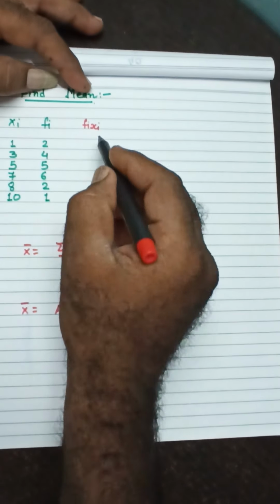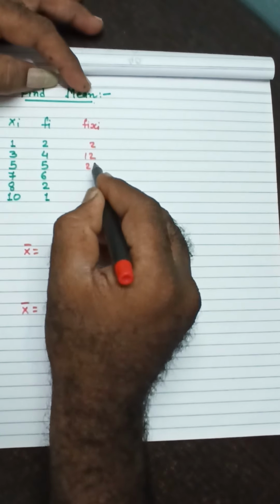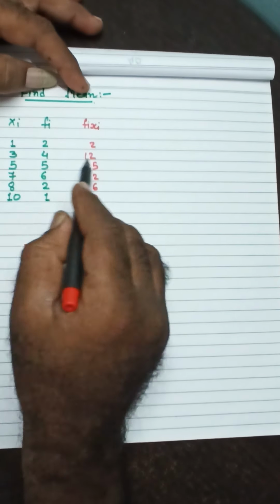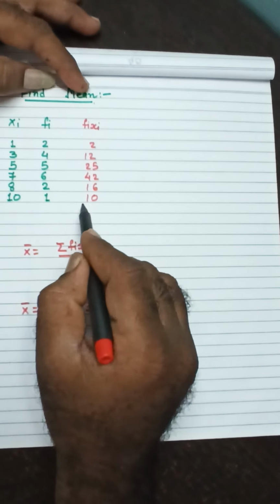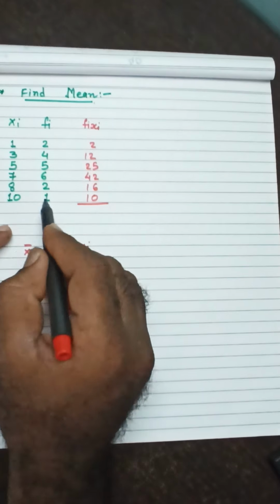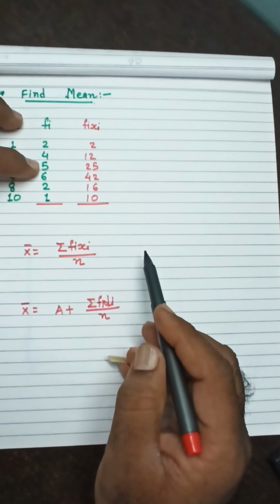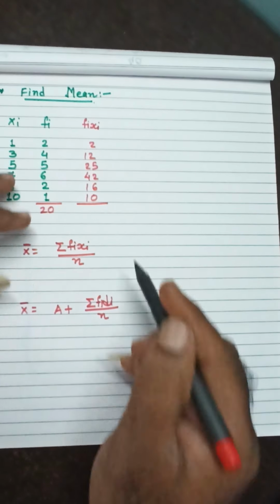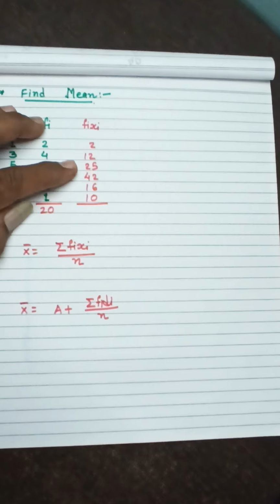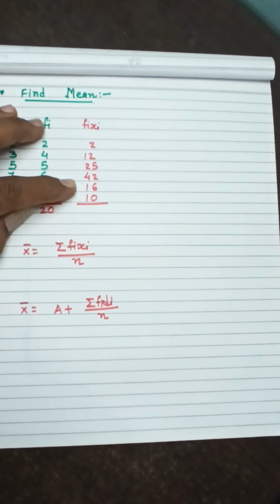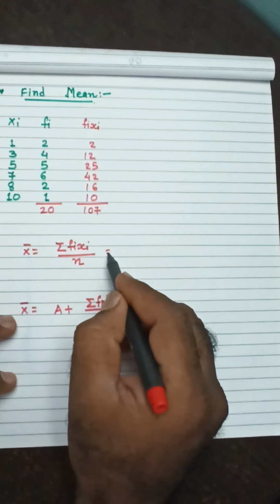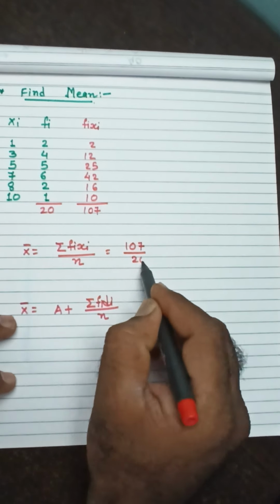fi into xi: 2, 12, 25, 42, 16 and 10. And what will be the total of fi? 2, 4, 5, 6, 2 and 1, total 20. So 2 plus 12 plus 25 plus 42 plus 16 plus 10, the total is 107. 107 divided by 20, n is equal to 20.